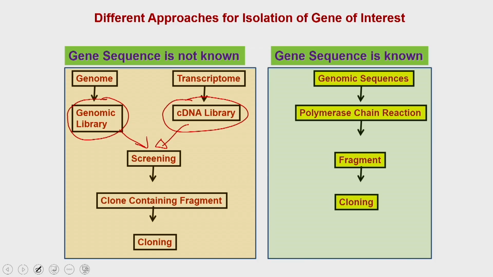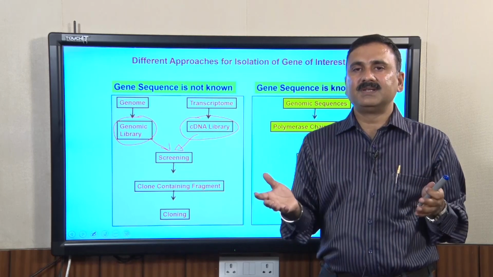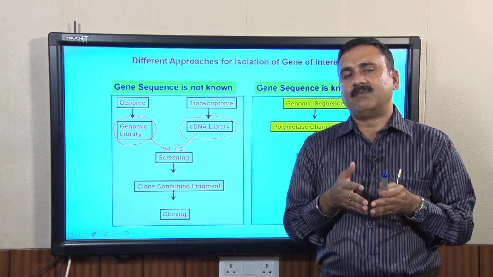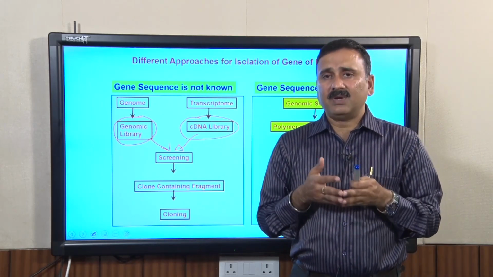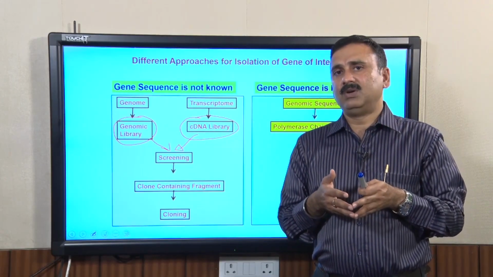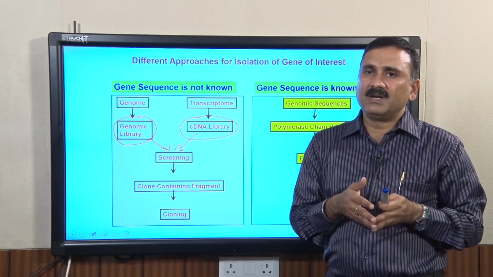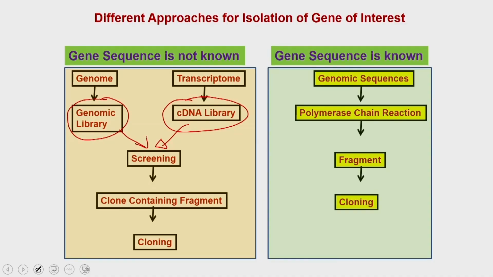So, what we have discussed so far in this lecture is the different approaches available for you to isolate a particular gene sequence. You have two different approaches: one when the gene sequence is not available, and one when the gene sequence is known.